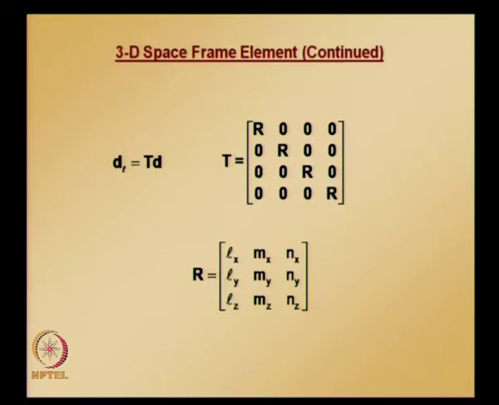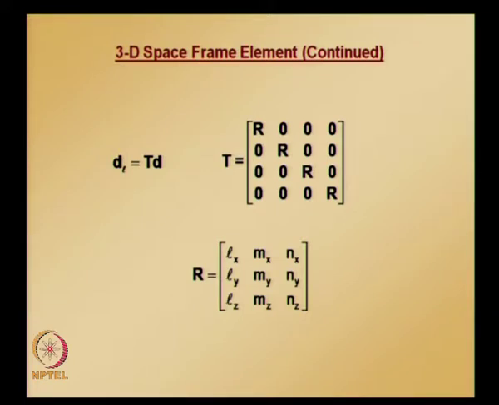In the last class we looked at two methods to calculate these components of the rotation matrix, which are the direction cosines. The first is the orientation angle method, under which we looked at a special case in which the local y axis lies in the same plane as global xy, and we also derived it for a general case of an arbitrarily oriented frame element.